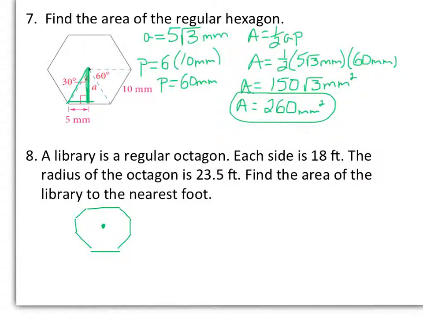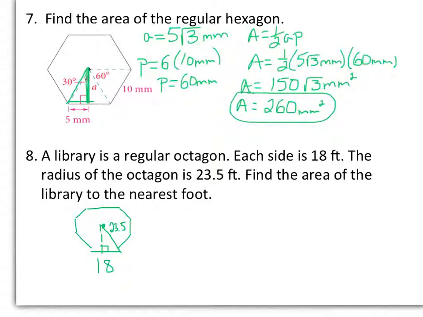It said each side is 18 feet. The radius is 23.5. So that's from the center of the circle to a vertex. And that's 23.5.